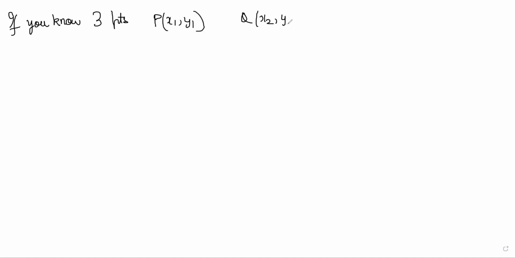Then some other things that you need to know are, if you know 3 points, what is the area of the triangle? 3 points P, x1, y1, Q, x2, y2, and R, x3, y3. The area of triangle PQR.